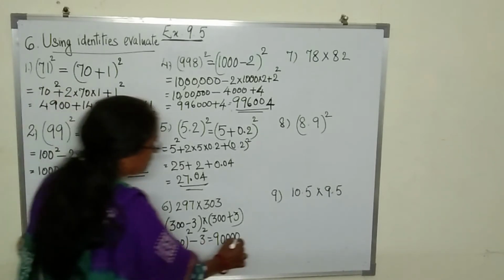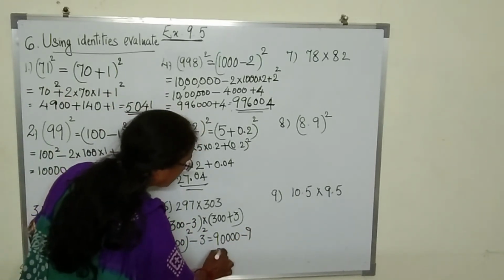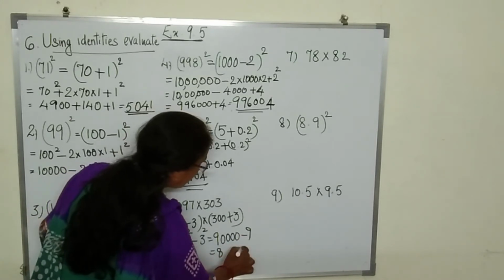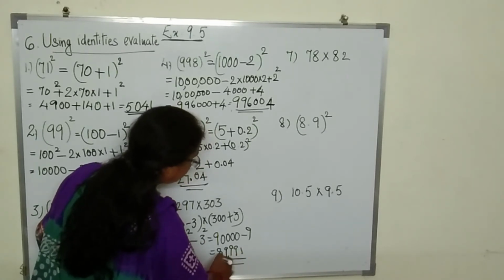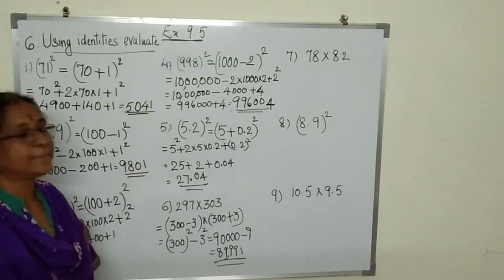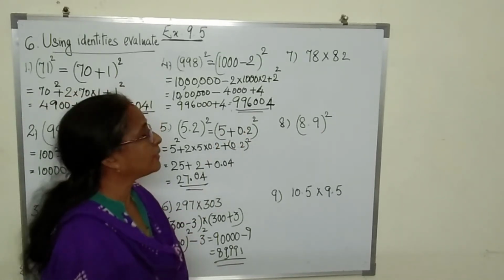So 90,000 minus 9, which is equal to 89,991.